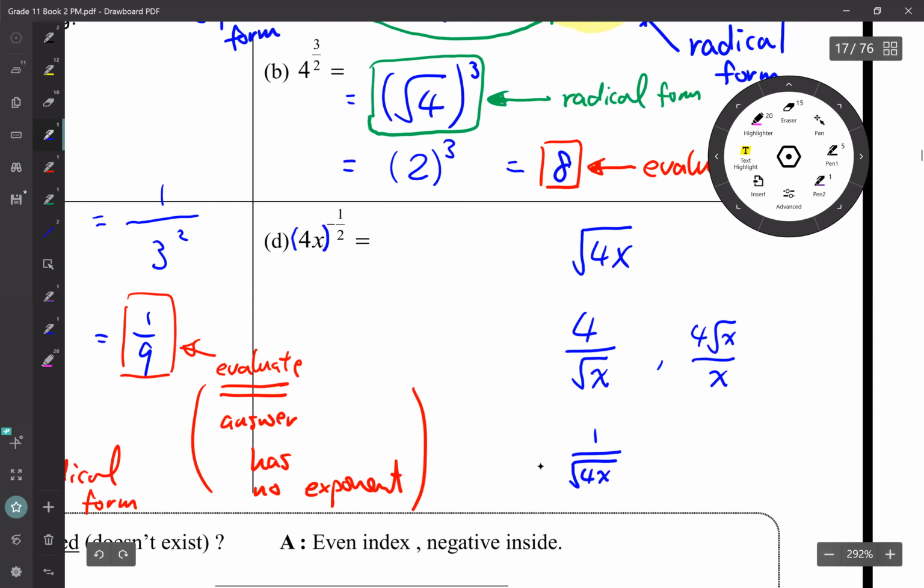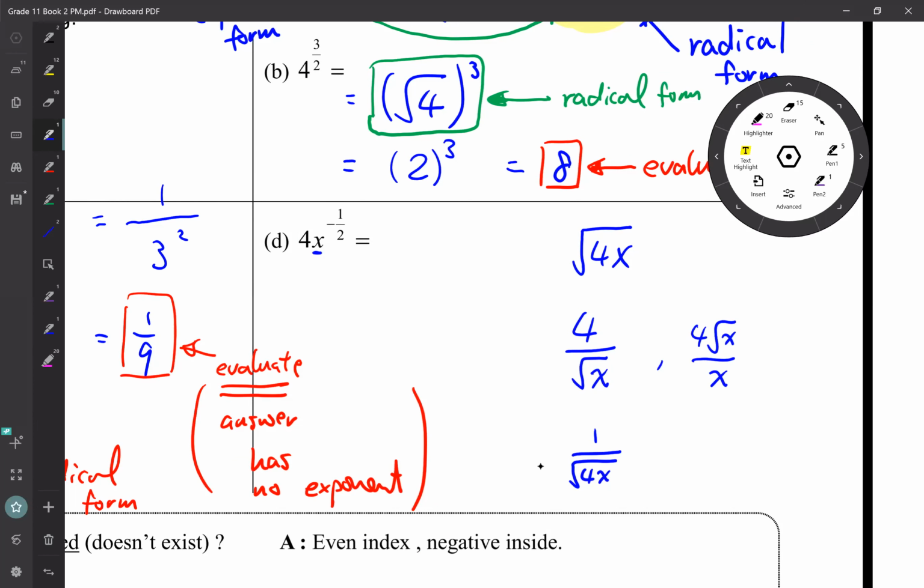Because there's no bracket, the base for that exponent is only x. Does that make sense? Okay, so the negative 1 over 2 is only affecting the x. Just having no bracket makes a very big difference.